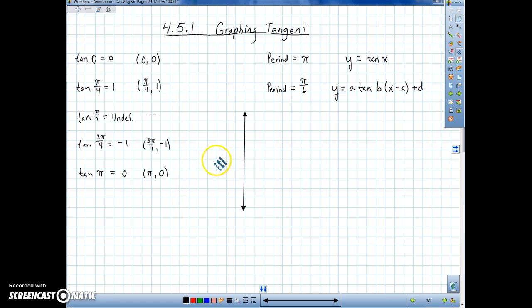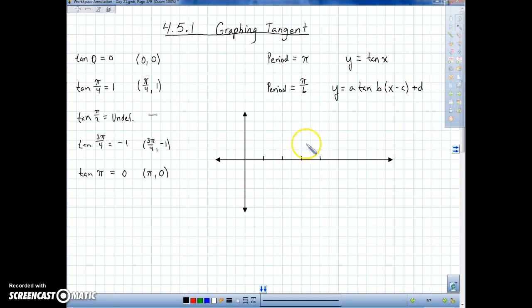And just like we did for sine and cosine, we want to establish a scale for our axes. Since we're just doing the parent function, I'm going to count out 4 tick marks. And we're going to divide the cycle for tangent into fourths, just like we did for sine and cosine.